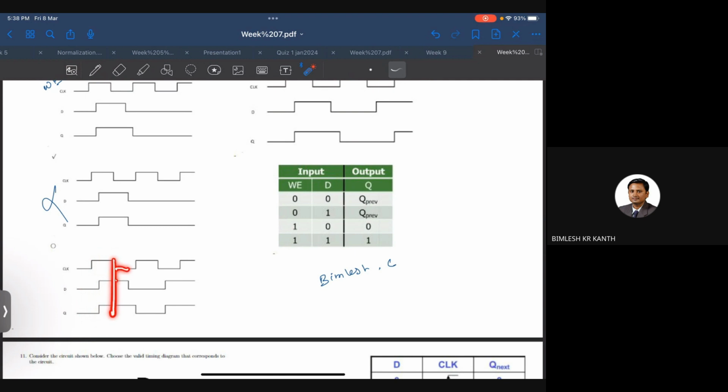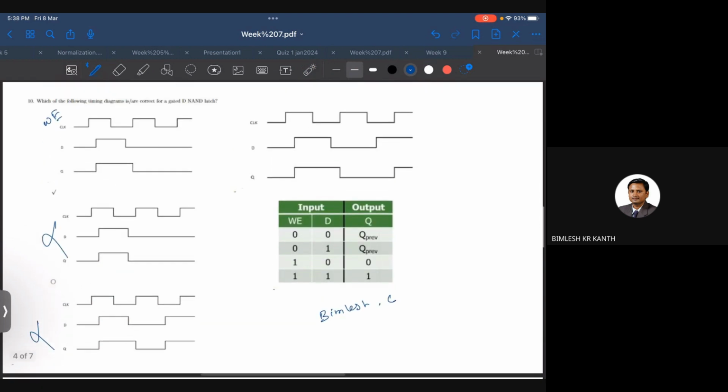Now 0, 0 1 and Q previous correct. Now 0, here 0 0 is correct. Okay, now up to that 1, 0, 0, 0 is correct. Now 0, I think this is also correct, right? Q previous. Yes. Now this is 0, 1, 0. No, this is not happening. This is wrong. So till halfway it was looking good, but later on it was wrong.